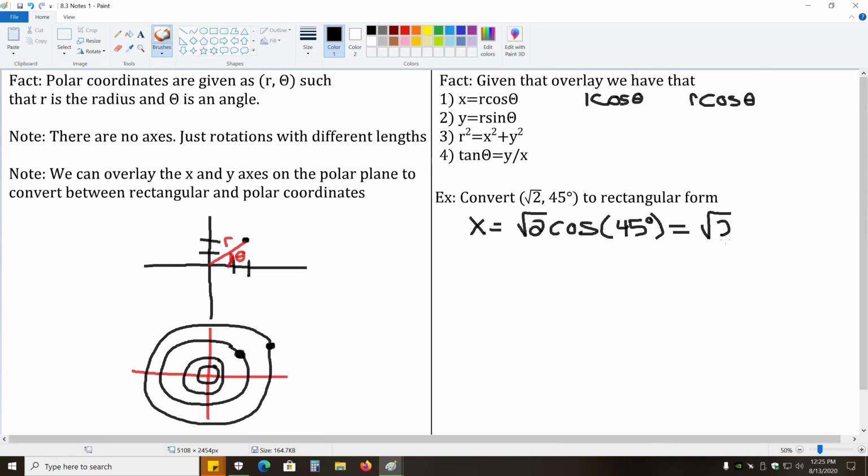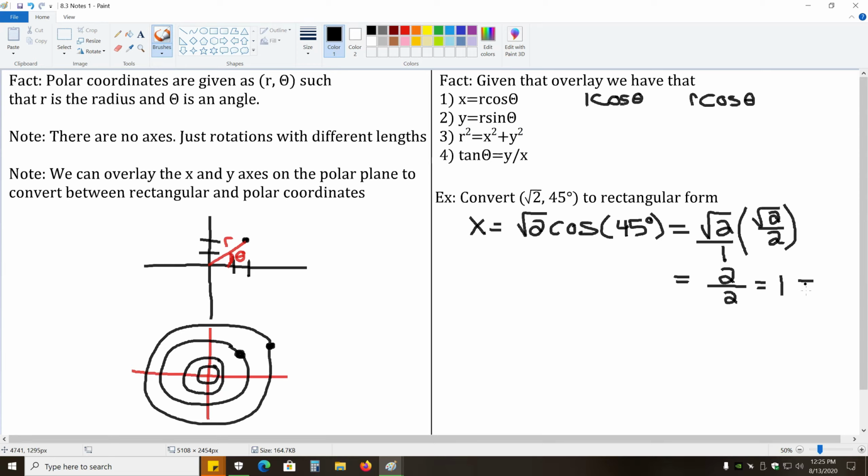So we get the square root of 2 times cosine of 45 is the square root of 2 over 2. To multiply these, all we have to do is put the square root of 2 over 1 and multiply straight across, which gives us the square root of 2 times the square root of 2 is 2, over 1 times 2 is 2, which equals 1.